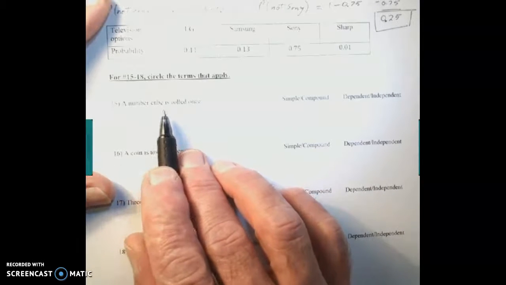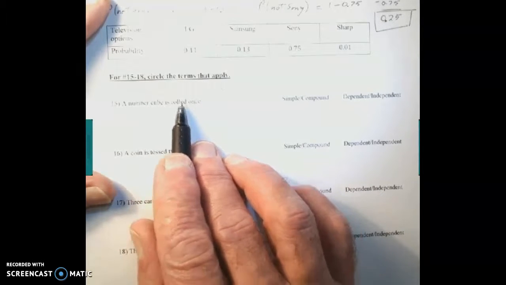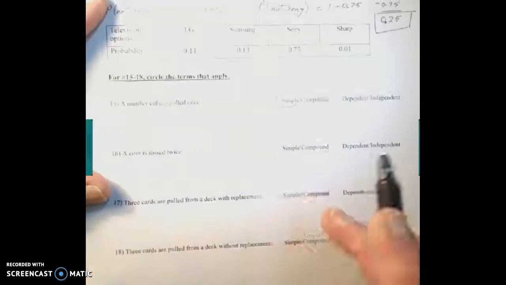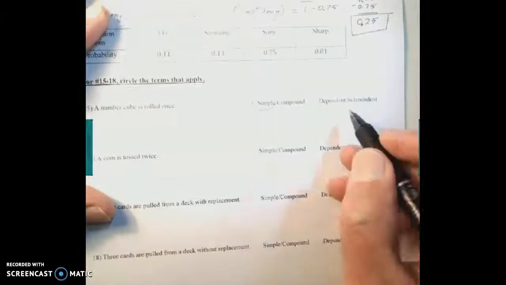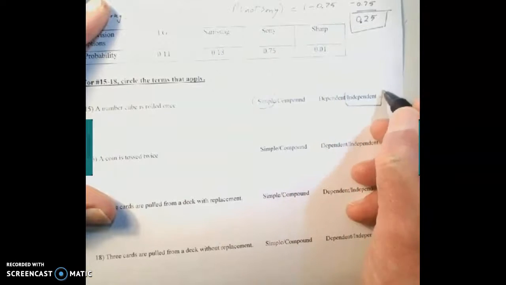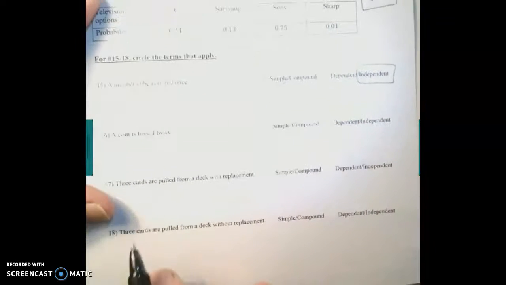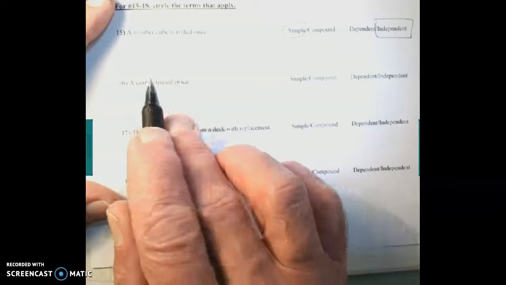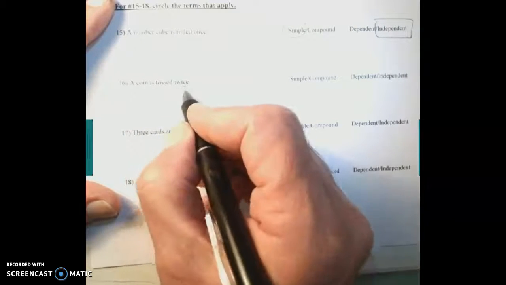A number cube is rolled once. That's a simple event. You're doing one event. And because it's a simple event, it doesn't have any effect on anything else, so it is independent. A coin is tossed twice. You're doing it twice.